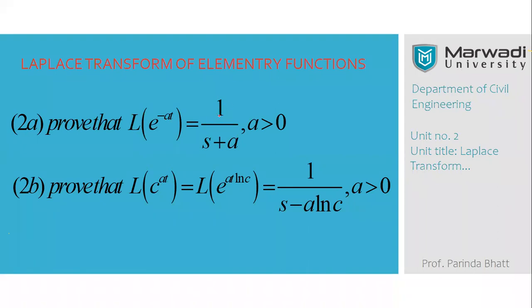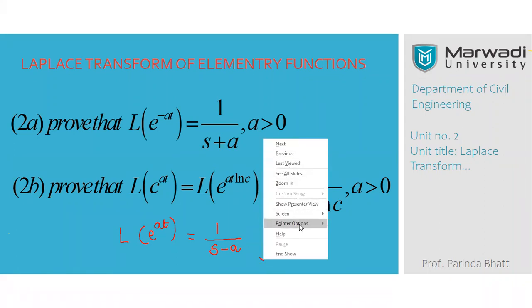That's why 1 upon s minus minus a, therefore s plus a. If here minus, then here plus. And in the previous slide, we derived this formula, Laplace of e power at equal to 1 upon s minus a, where the power is positive. Clear everyone?